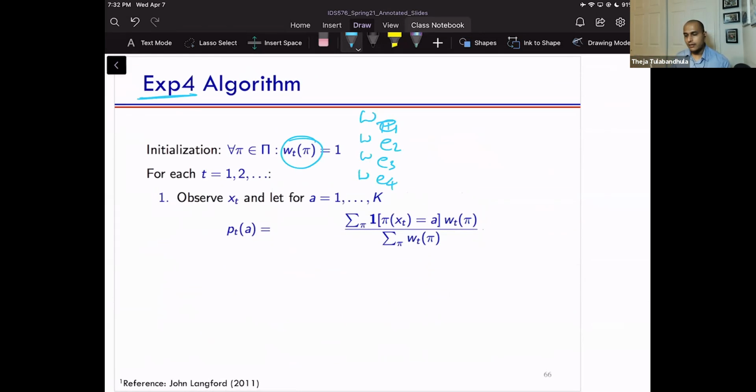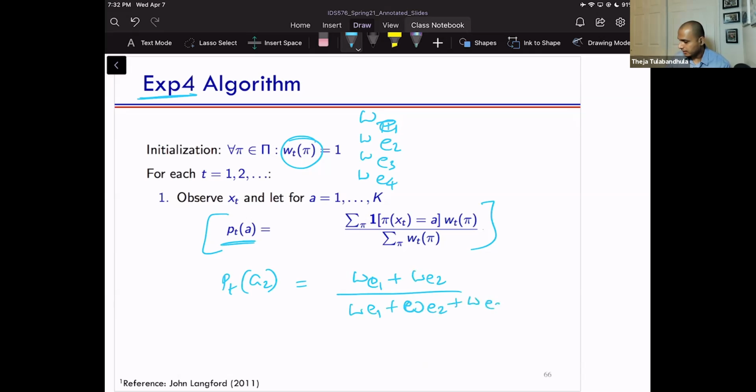Because there are weights on policies, one intermediate computation you can do is get weights on the actions from the weights on policies. So what are weights on actions? The weight for action, let's say A2, is equal to W of E1 plus W of E2, divided by W of E1 plus W of E2 plus W of E3 plus W of E4.